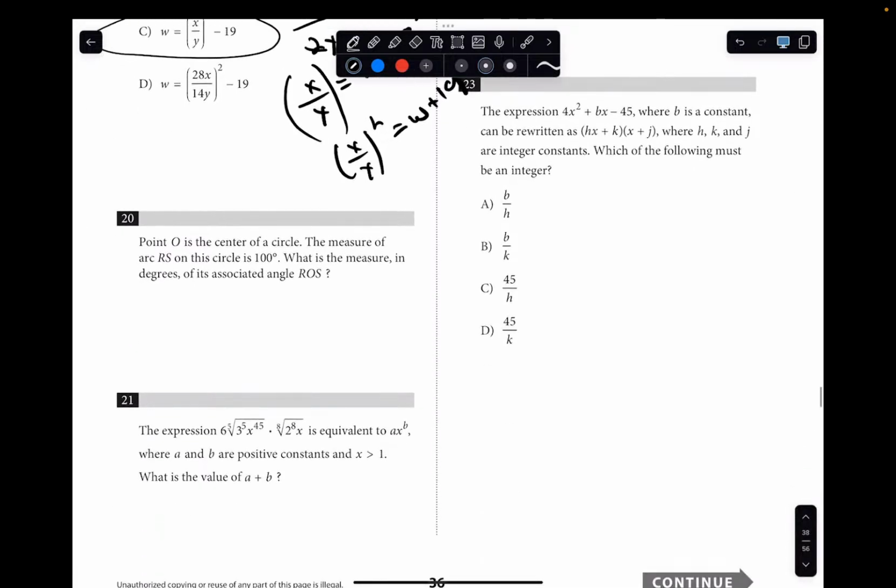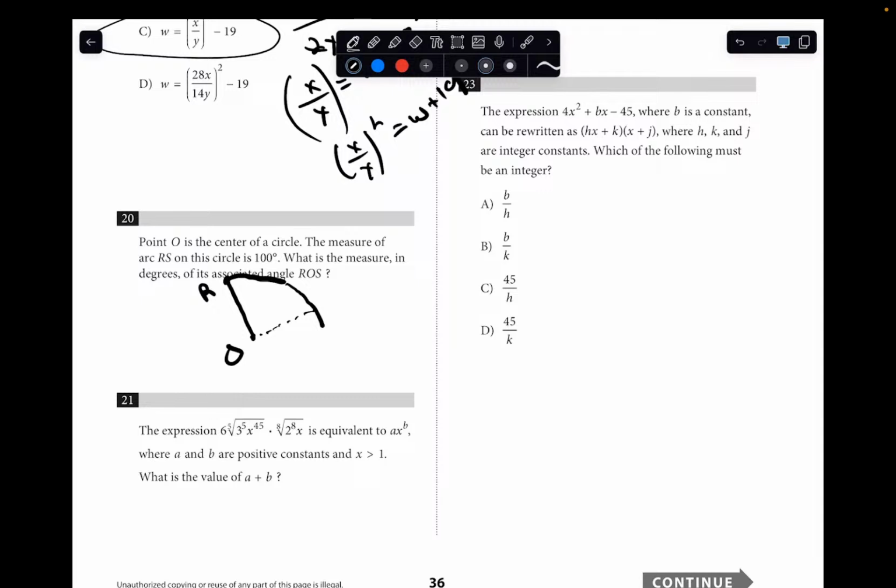Not too hard. The point O is the center of a circle, and the measure of the arc RS on the circle is 100 degrees. What is the measure in degrees of its associated angle ROS? So O, right? They give us R. And then 90 would be here.